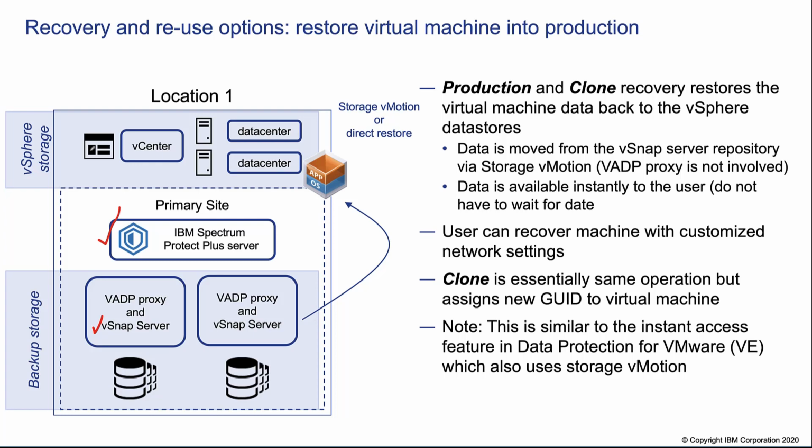You can also do that with Spectrum Protect Plus. Both production and clone restores are essentially the same operation. We are either directly restoring blocks back to the data store, or we're using storage vMotion. Not going to get into the nuances or the differences there. To put a virtual machine back, the distinction is that the clone is going to assign a new GUID, so it's going to look as if it were a new machine in vCenter.